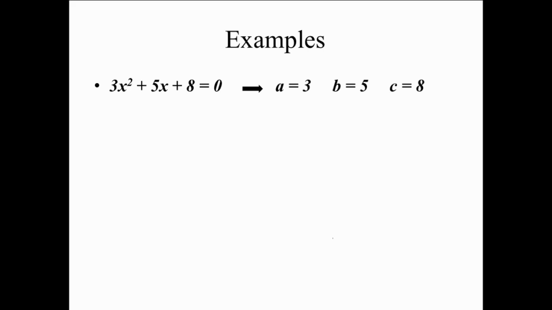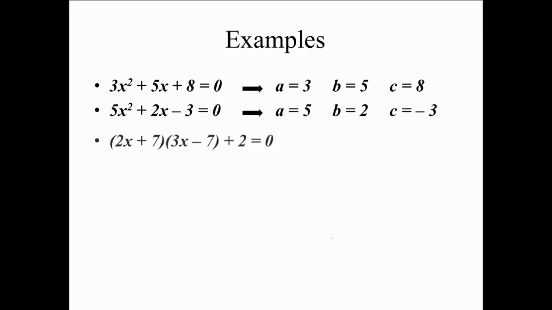Let us see another example. It's 5x square plus 2x minus 3 is equal to 0. Here a is 5, b is 2 and c is minus 3. Negative 3 is the notable point here.